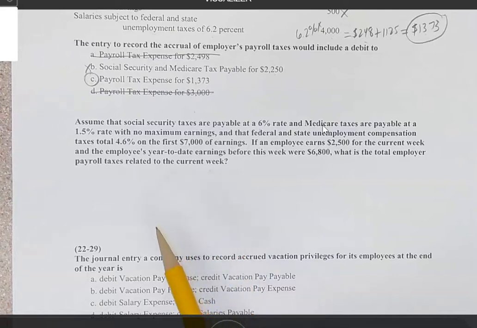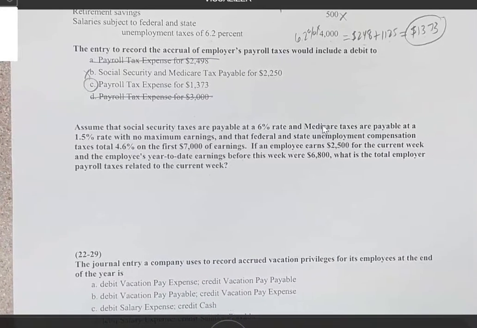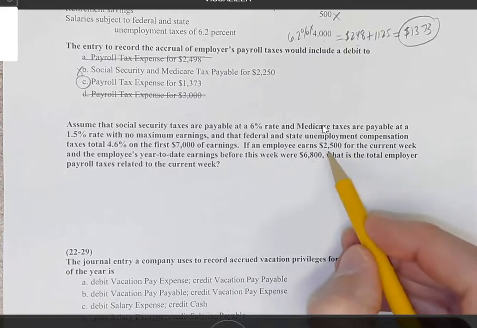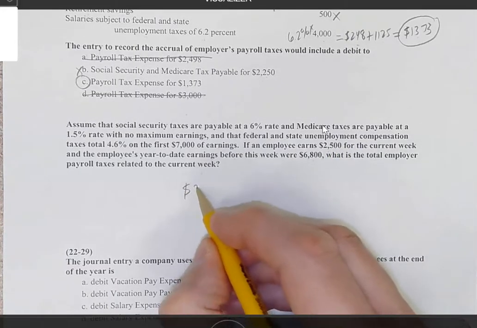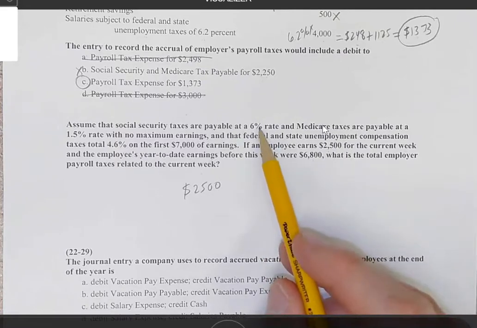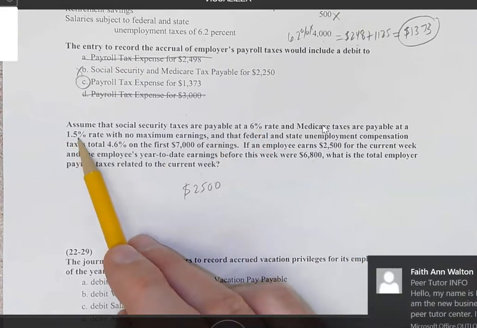So we got to make sure that we use the right number. My question to you is, how much did the employee earn? The employee earned $2,500. So, with that in mind, the employee is going to have to pay 6% Social Security and 1.5% Medicare.